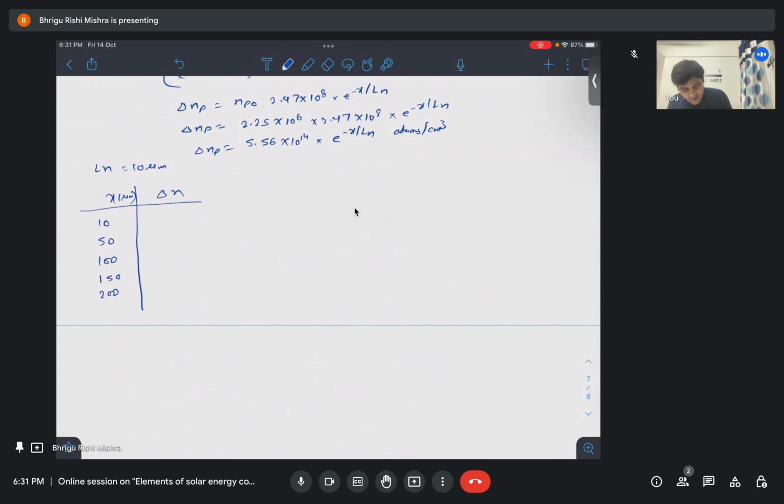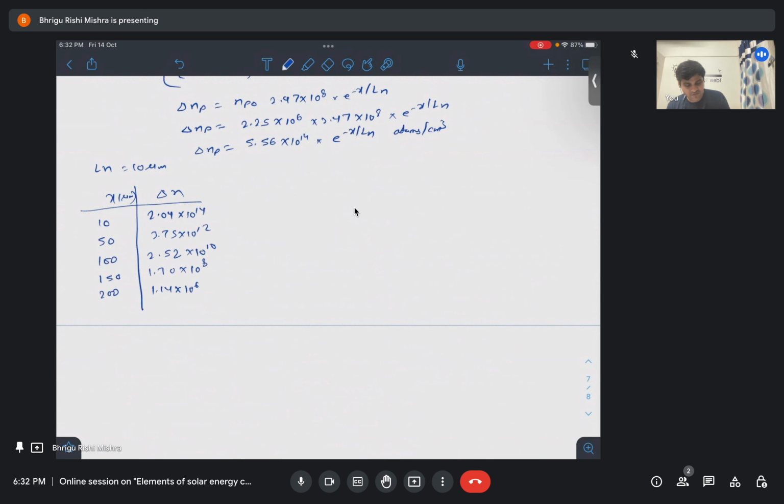If you calculate delta n, it comes 2.04 into 10 to the power 14, 3.75 into 10 to the power 12, 2.52 into 10 to the power 10, 1.70 into 10 to the power 8, 1.14 into 10 to the power 6.